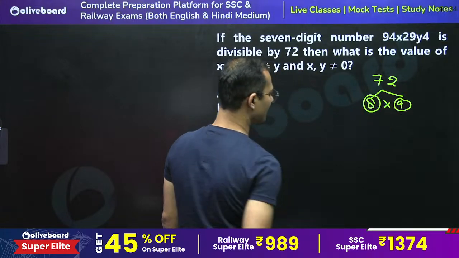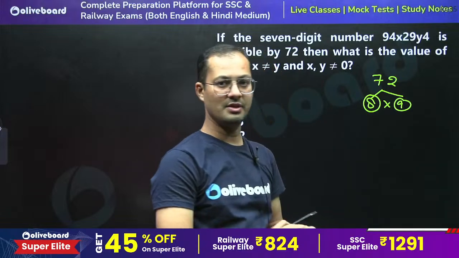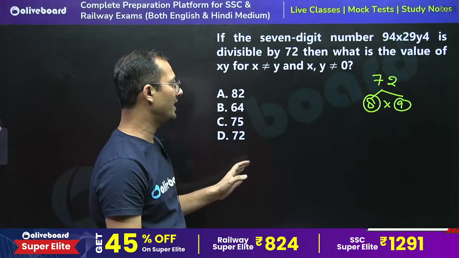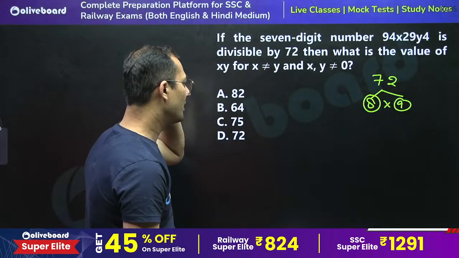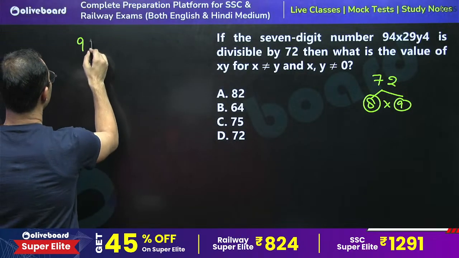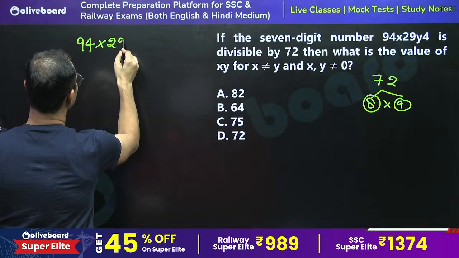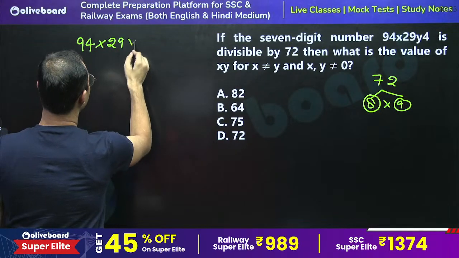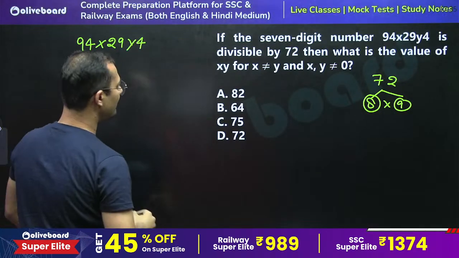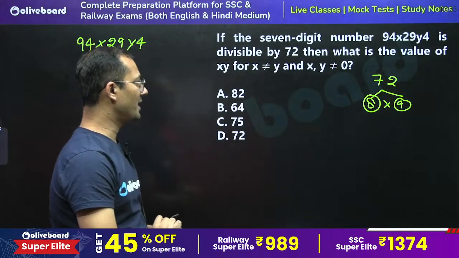If a number is divisible by 8 and 9 both, then it will be divisible by 72. Simple. See, now the question is saying the 7-digit number 94x29y4 is divisible by 72.